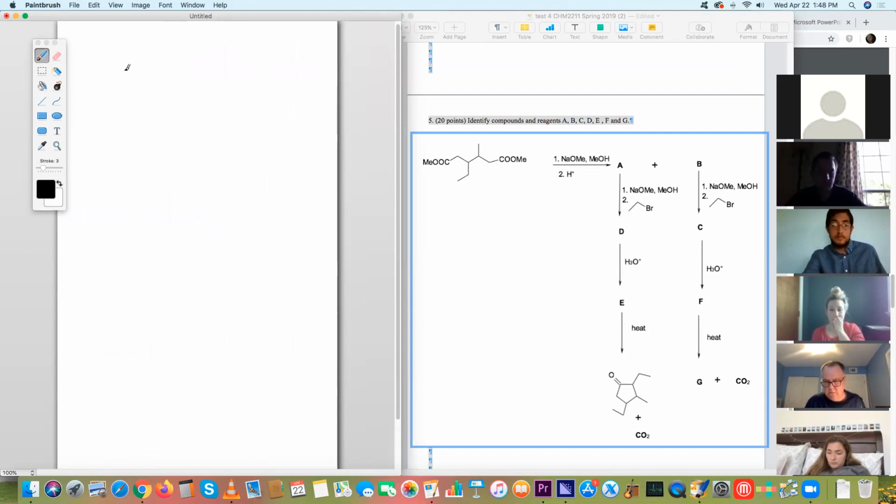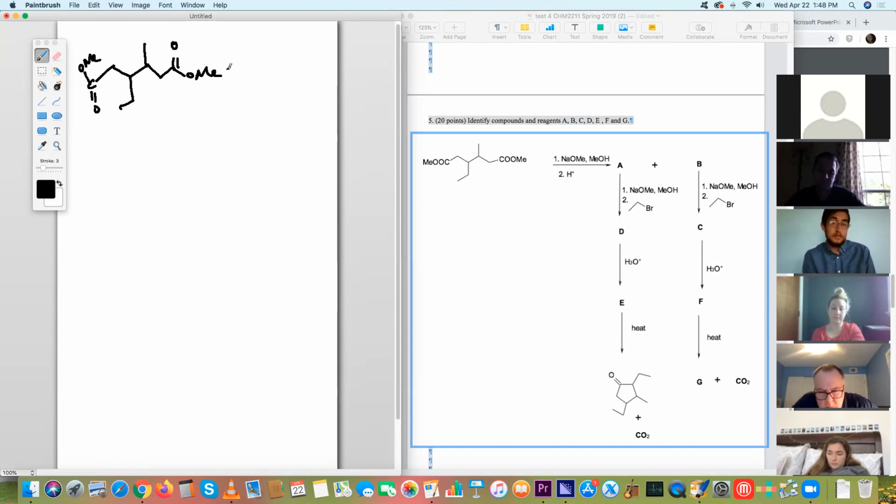So we'll start off here with the reagent that we've got at the very beginning. I'm going to draw it out with the ester groups on it. So make sure you understand that those are the same thing that I've drawn there.